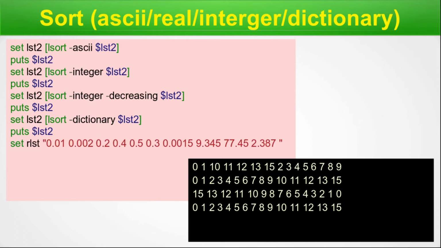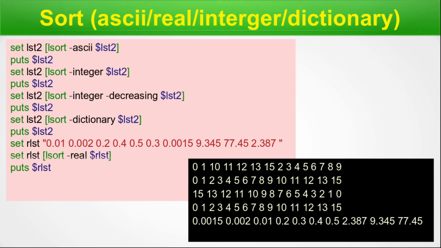Here we are defining a real number list with the name rlst. The elements are declared in a double quoted way with space separated values, all real numbers. For sorting this we have to use the dash real switch with the lsort procedure, and we are saving it back into the original list, and then we are echoing.